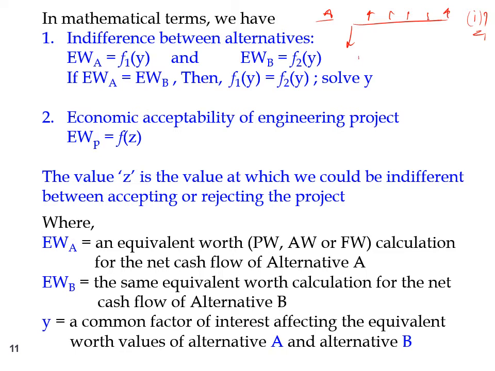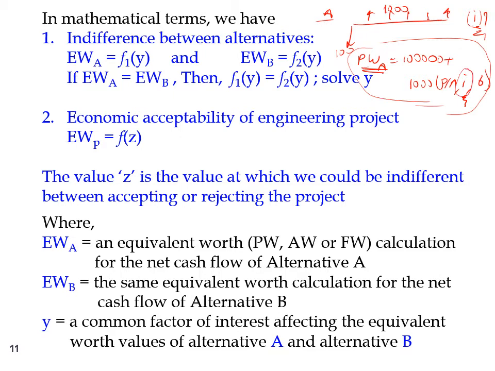So what can I do? I can find the present worth of A as a function of this i. Let's say that this is $10,000, minus 10,000 plus the earnings, let's say 1,000 times (P/A, i, 6). Assume that this is the present worth. Now I have written this present worth as a function of this i.